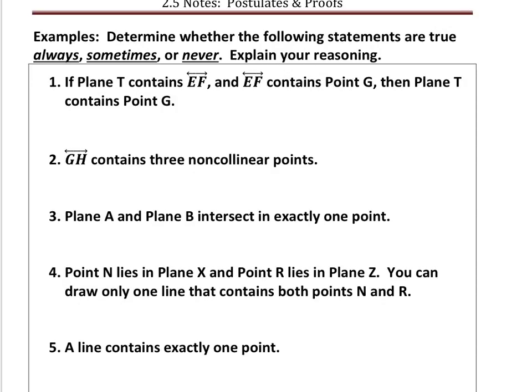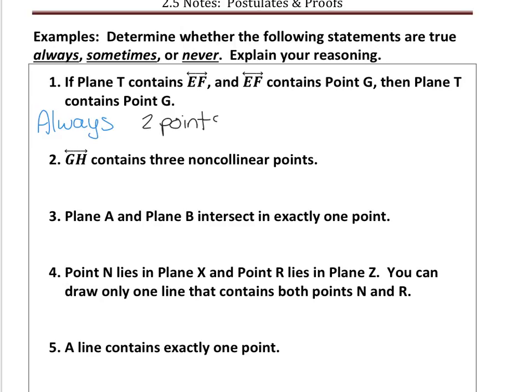Okay. Number one, if plane T contains line EF, and that same line EF contains point G, then plane T contains point G. Always, sometimes, or never? Well, the answer to that would be always. What justifies our answer is that we know by one of the postulates that we looked at that if 2 points lie on a plane, then the entire line through those 2 points is also on that plane.